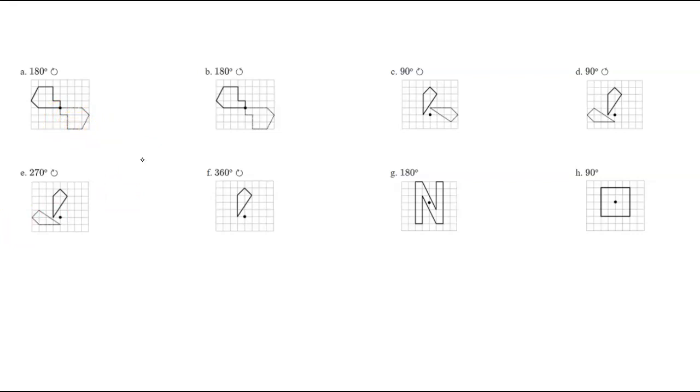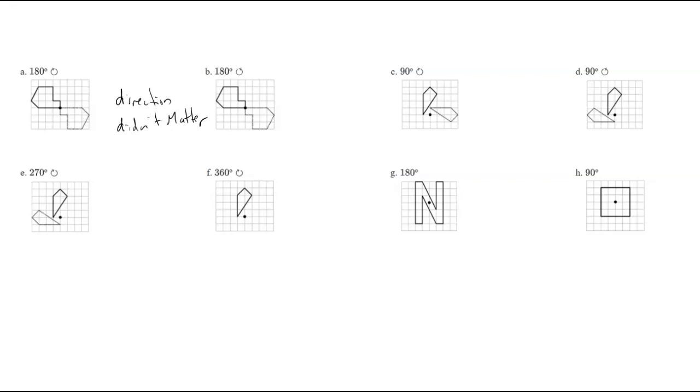So this is 180 clockwise versus 180 counterclockwise. Did it matter for the 180 which direction we went in? The answer is no. Direction didn't matter. It ends up looking exactly the same.